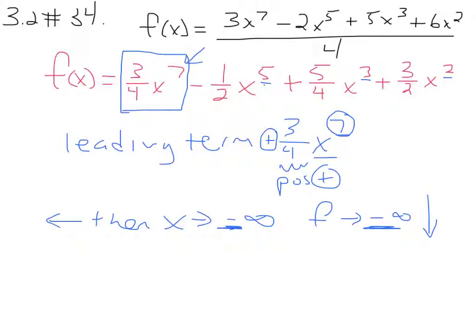And then the other part of the rule is on the right, as x goes to positive infinity, our function is going to go to positive infinity. It's going to go up positive. So the behavior of our function is going to have to look like this.